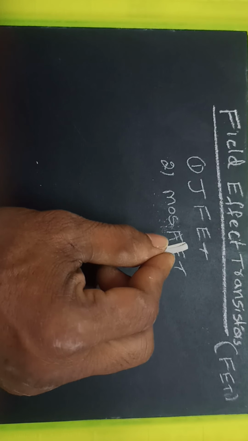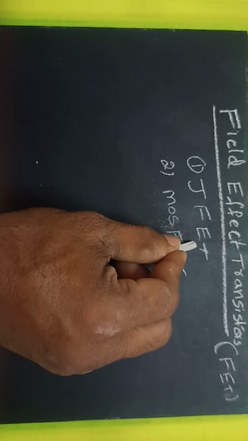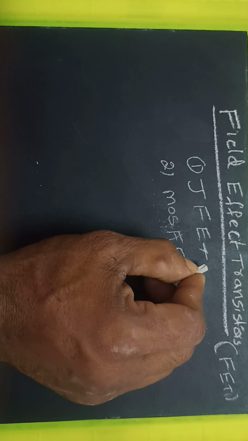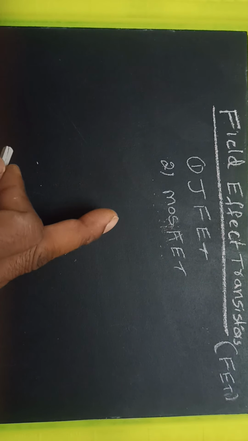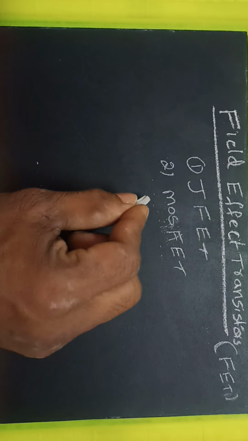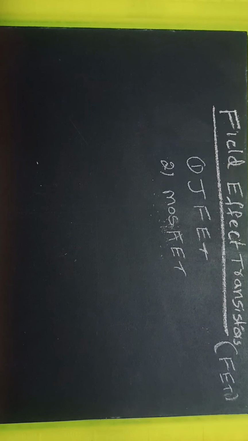JFET is normally called FET, and MOSFET is also called insulated gate field effect transistor.